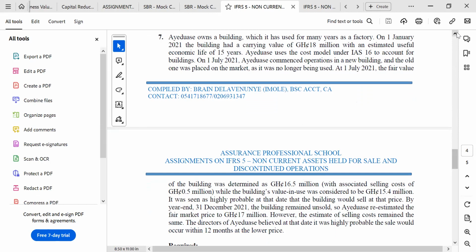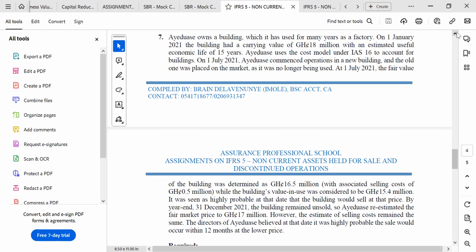Ayejiase owns a building which it has used for many years as a factory. On 1st January 2021, the building had a carrying value of 18 million Ghana cedis, with an estimated useful economic life of 15 years. IAGRC uses the cost model under IAS 16 to account for buildings. On 1st July 2021, IAGRC commenced operations in a new building, and the old one was placed on the market as it was no longer being used.